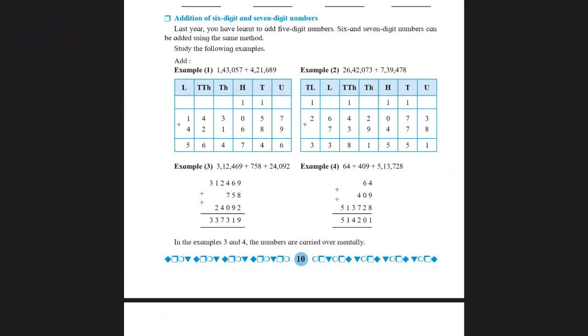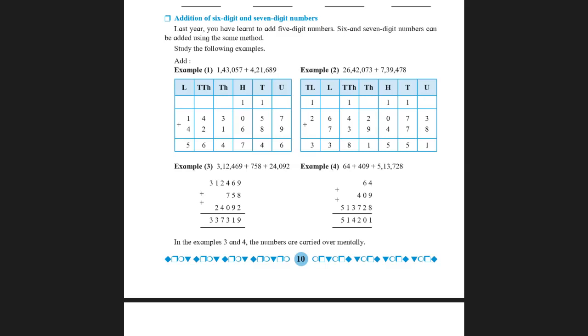See, 758, 8 is to be written in the units place, 5 in the tens place, and 7 in the hundreds place. 24,092, the third number, starting from the right hand side. So 2 in the units place, 9 in the tens place, 0 in the hundreds place, 4 in the thousands place, and 2 in the 10,000s place.